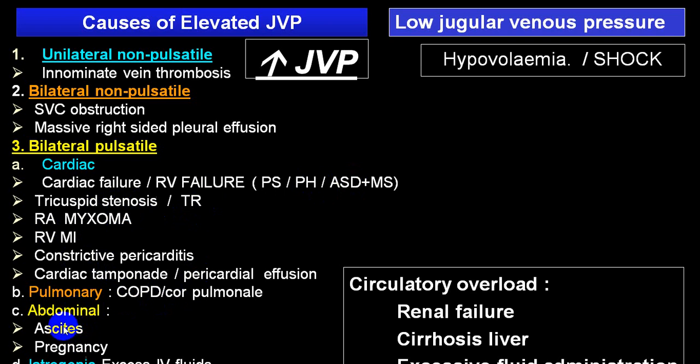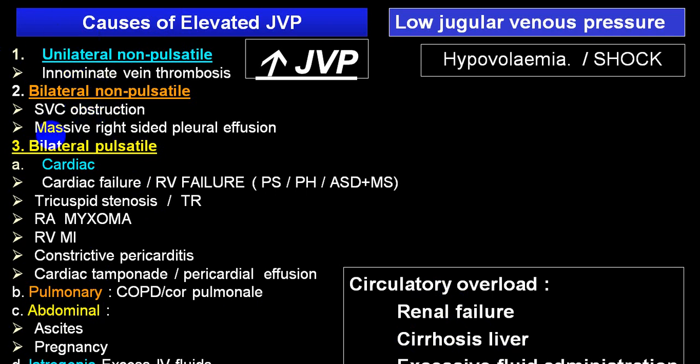Abdominal condition-wise, ascites, pregnancy, and as we have told you, IV fluid overload, renal failure, cirrhosis of liver. This will be all bilateral. Unilateral non-pulsatile will be superior vena cava obstruction, which will produce bilateral.